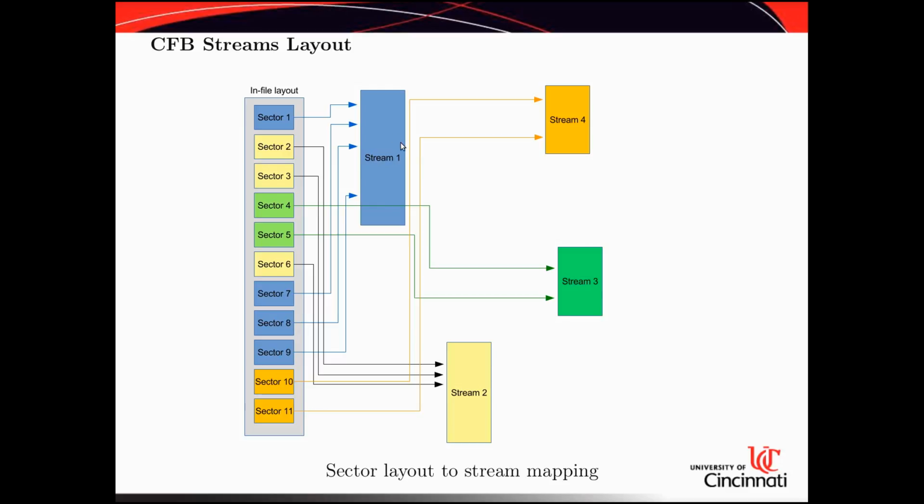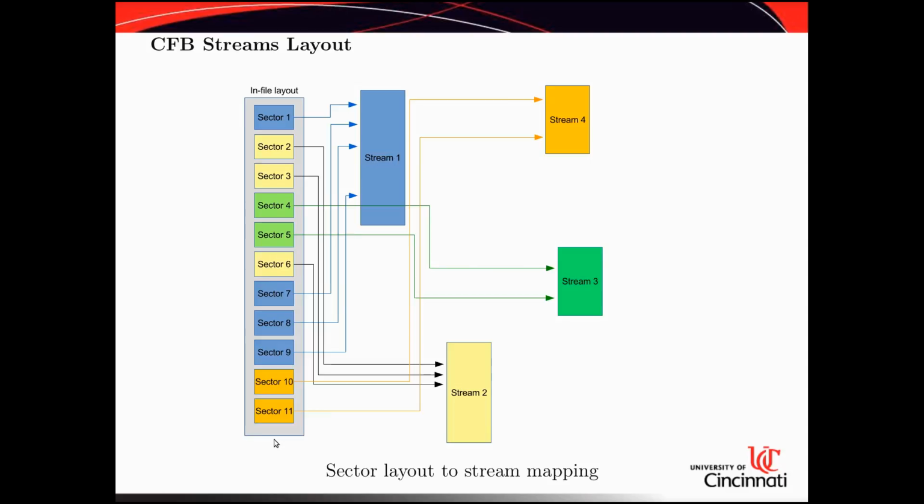So for instance, if I was to edit stream 2, if I decided that I want to clear out stream 2 and add more information to it, I would erase all the contents in sector 6, sector 3, and sector 2, and then overwrite them with the new data. If my new data exceeded the size of 3 sectors, then it would create a sector number 12 underneath it, basically at the end of the file.